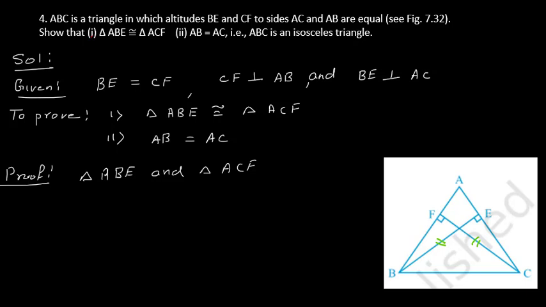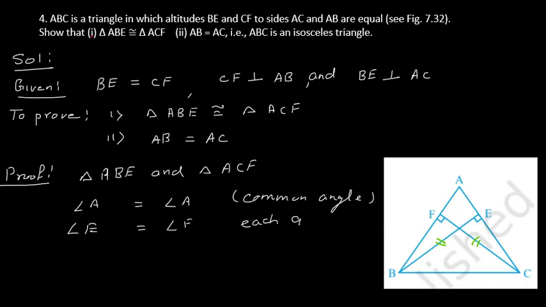So I will say that in these two triangles, angle A is equal to angle A, common angle, then angle E equal to angle F, each 90 degrees, and third, your BE is equal to your CF.